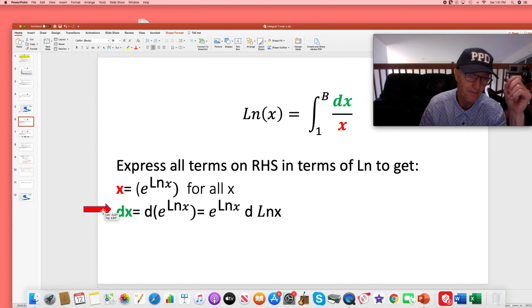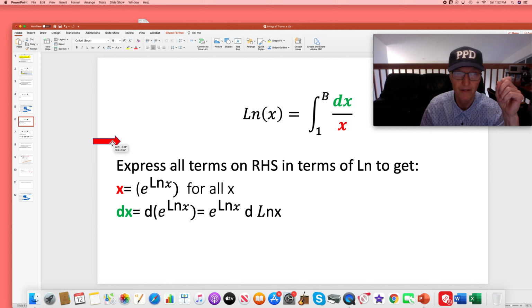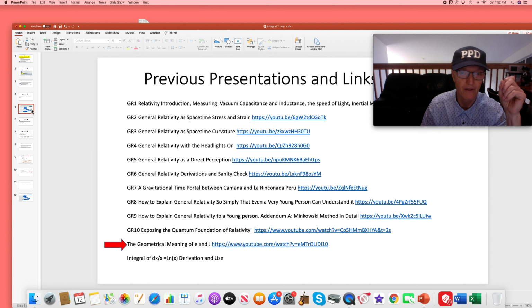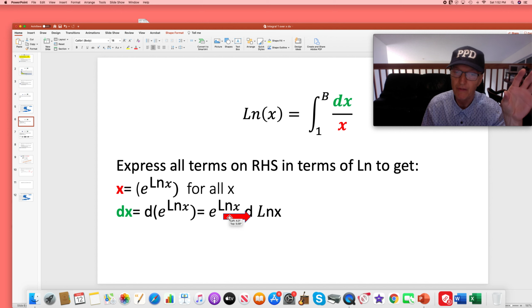And then what about dx? If x is equal to e to the ln x, which it is, and that's a general identity, then dx is going to be the derivative of e to the ln x. One of the things we discovered in the derivation of the geometrical meaning of e and j is that when you take the derivative of an exponential, you get the exponential function back unchanged, multiplied by the derivative of the exponent, which in this case is ln x.